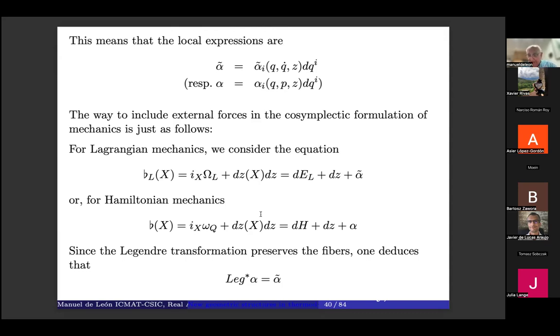So you obtain the local equations with an additional term, just the term given by the form. Since it is semi-basic, it only affects the equation through its components, but the equations are exactly the same plus these forces.